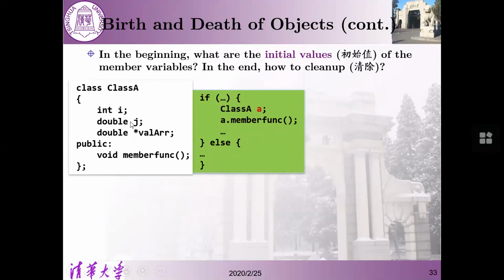Okay, when we know this, we may define a class like this. These are the member variables, and we have some public interface. Here's one question: how to initialize the values for these member variables, and how to clean up the variables when it's going to die?